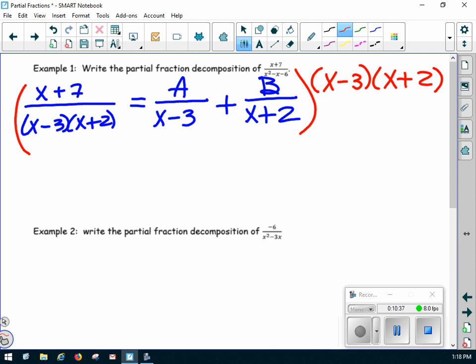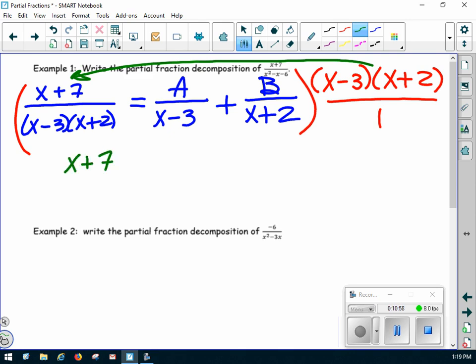Well, essentially, it's really this, right? When I multiply this by this, what happens? Do you notice that the x plus 2 and the x minus 3's cancel out? And I'm left with x plus 7. What happens when I multiply right here?